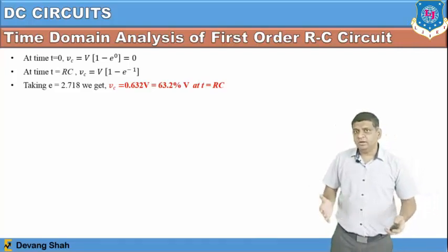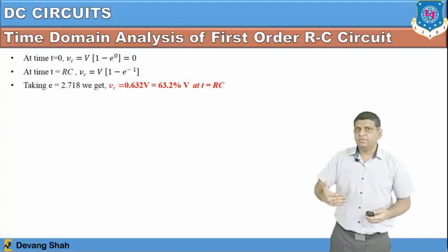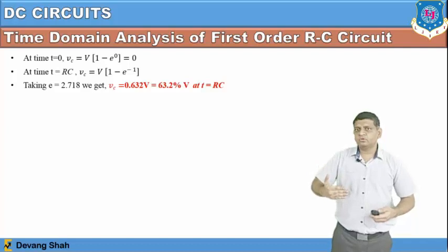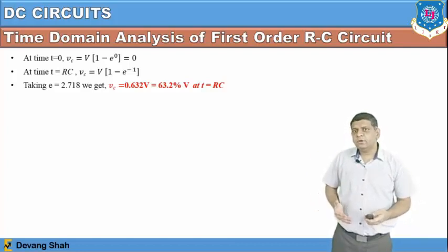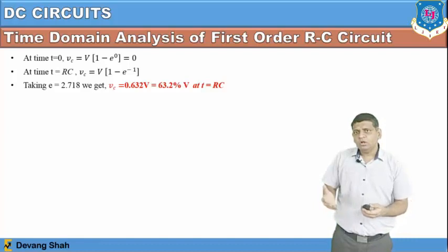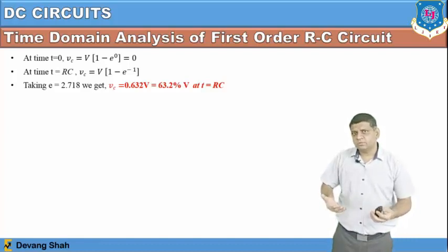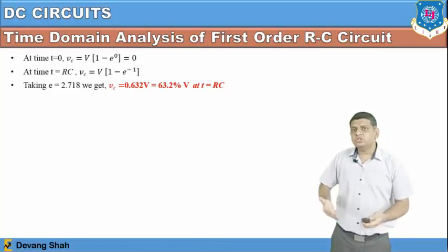So what does it mean? If I take time t is equal to RC, that means the voltage across the capacitor while it is charging is 63.2% of the total applied voltage. That's why I consider RC to be the time constant. Now, in what sense can you identify t in your circuit? t is nothing but the position of the switch.